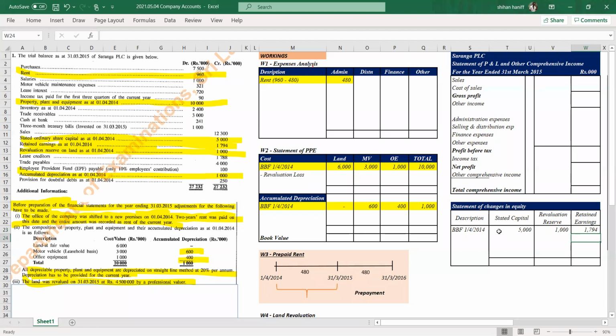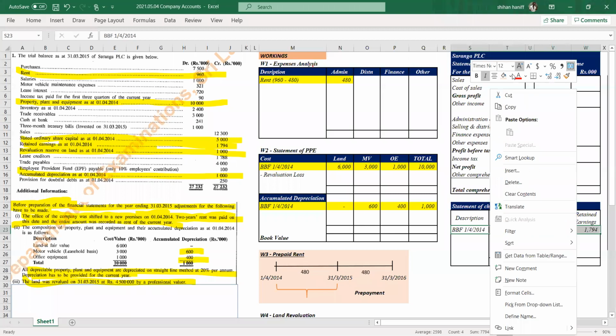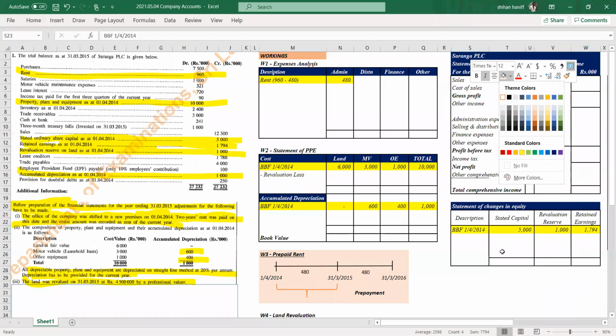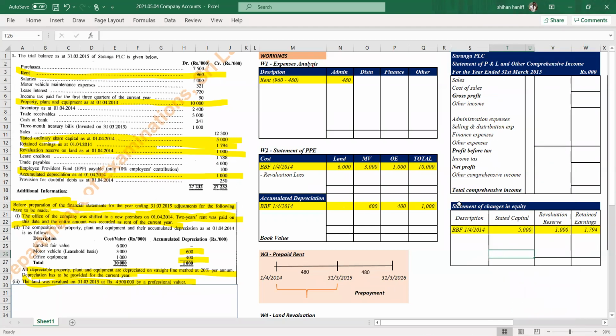Right, so these are the opening balances. We are taking these from the trial balance. Write the opening balances of stated capital, revaluation reserve, and retained earnings. Right.